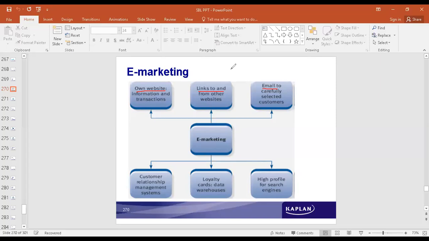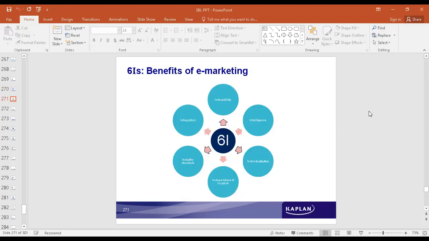Whenever there is something searched on the internet, the seller understands, because they have this built into their system, to capture that which is being searched by the customers and then cater to them by providing information about the products and services to the person who searches on the internet. So high profile for search engines. Through that also they take up marketing on the electronic platform, e-marketing.